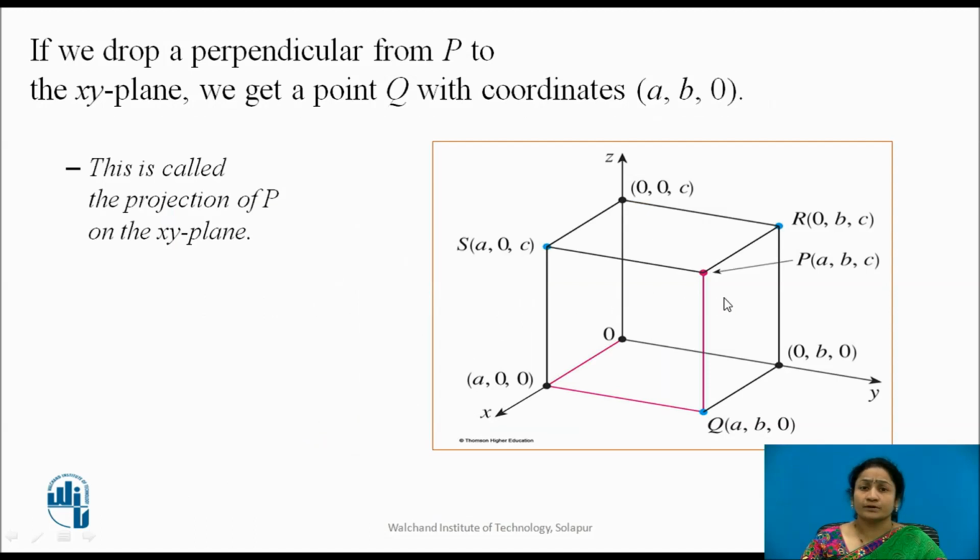If we drop a perpendicular from point P to the xy plane, we get a point Q which has coordinates A, B and 0. As it is lying in the xy plane, its z coordinate is 0. This is called the projection of point P in the xy plane.